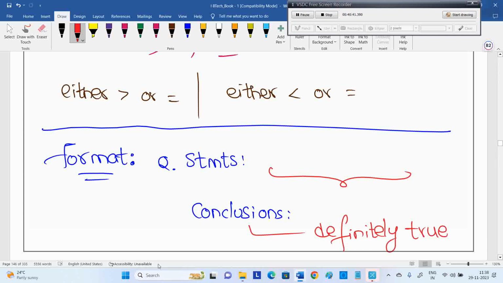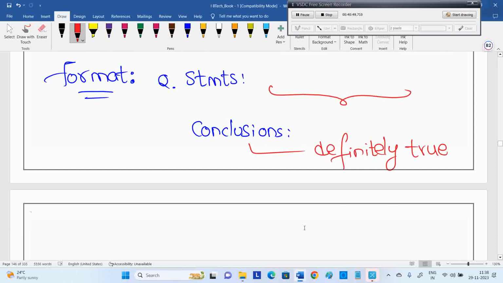Right, so statement, conclusion, in every question you can go through. For every question there is some statement and conclusion. And what is my job? Note down this point.